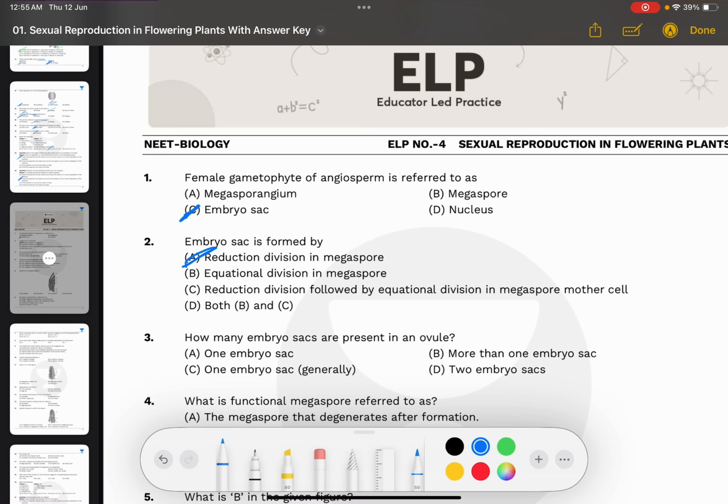Reduction division. Hey, if it would be equational division followed by reduction division, then it would be right. But it is ulta. How can it be, yaar?